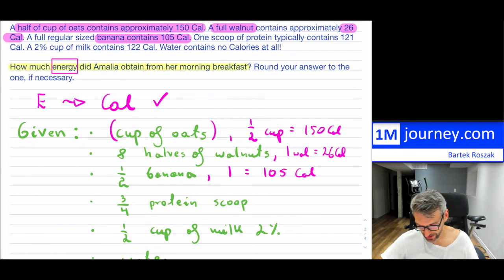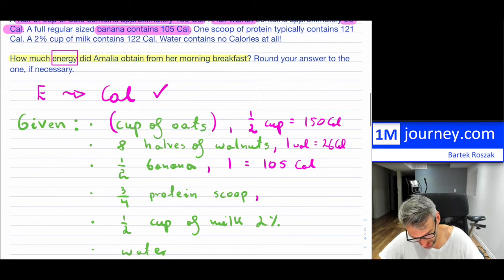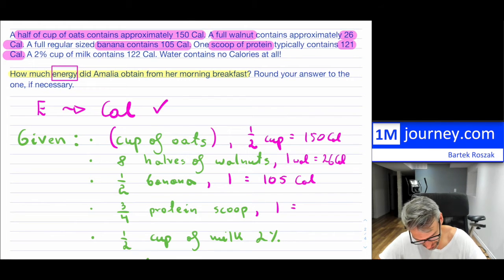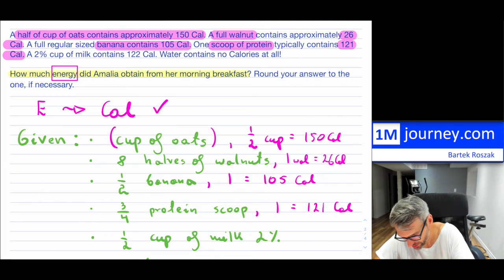All right. Now, one scoop of protein. So this protein, so that's next. So a scoop of protein is 121 calories. One scoop is 121 calories. 2% milk for a cup contains 122.